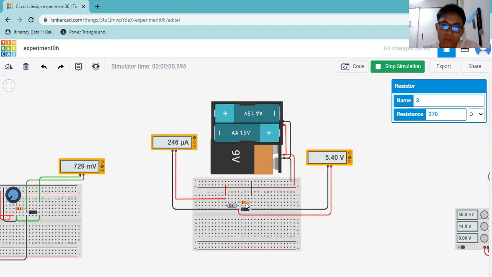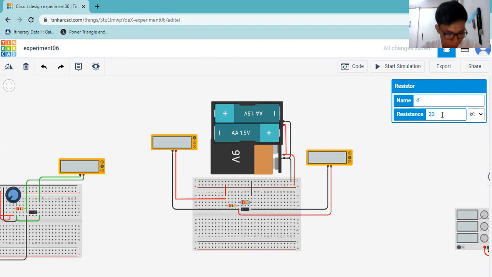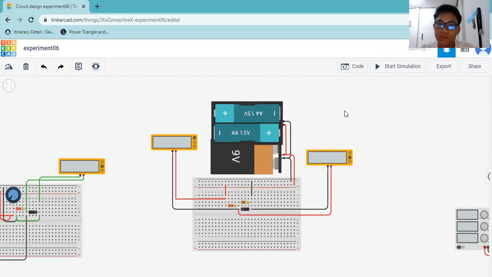Now when we change the second resistor to be 10 kilo ohms, it would give us different values of current and voltage. Let's try.